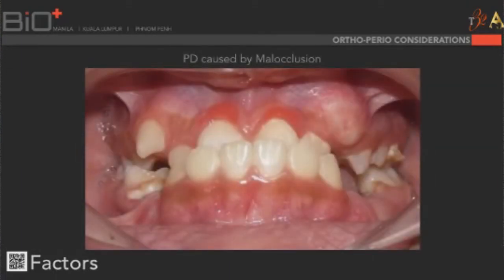And here, periodontal disease caused by malocclusion. So again, self-cleansing areas are a key factor here. Let's say, for example, in normal overjet and overbite patients, the upper lip would clean the facial side of the upper anterior teeth. It can't clean the buccal area, right?